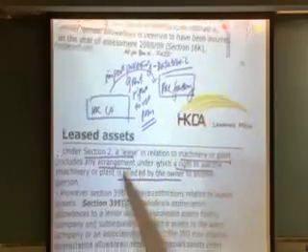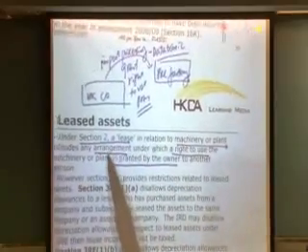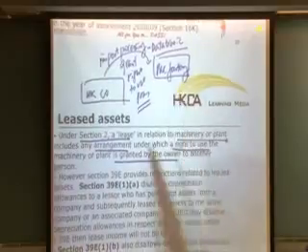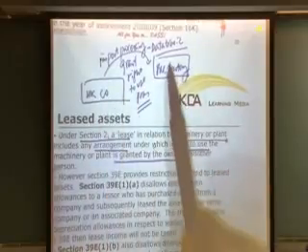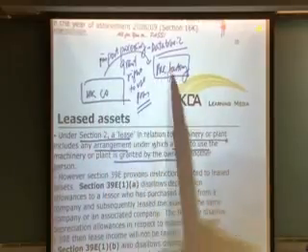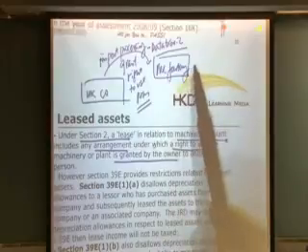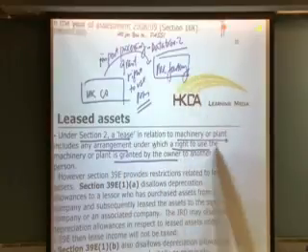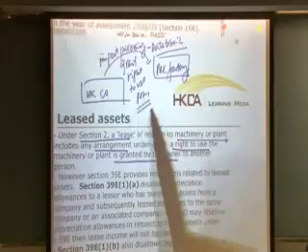OK, the assets are leased because of their nature. Why are they leased? According to the Section 2 definition, in such an arrangement the Hong Kong company transfers the plant and machinery to the factory in China and grants the rights to them to use. If that is the case, these assets are leased.